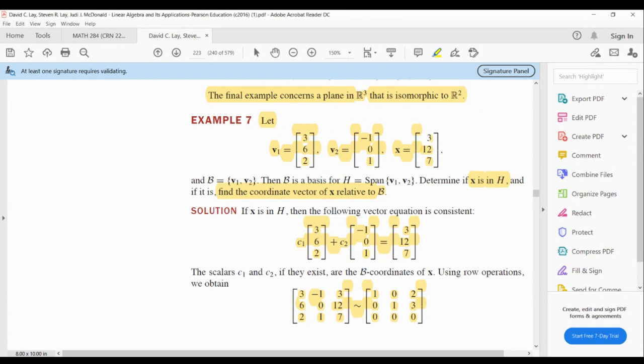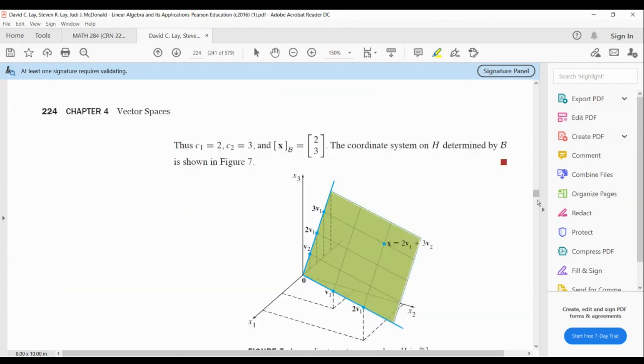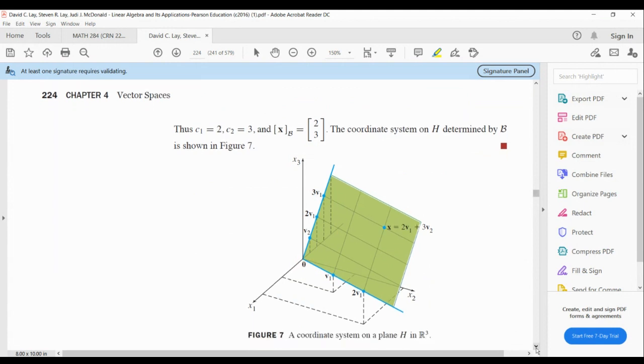There's a great picture here on the next page. Let me show you the next page. Okay, so here in three-dimensional space, they've drawn x1, x2, x3, and they've drawn the basis vectors v1 and v2. Well, they've drawn them, okay?